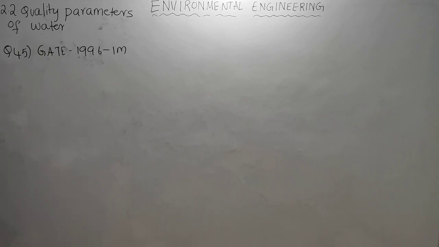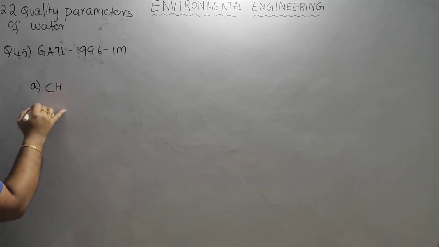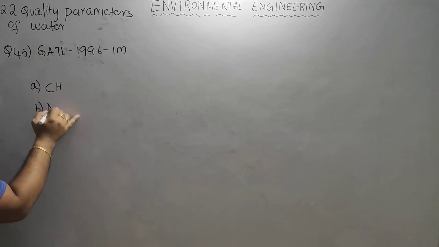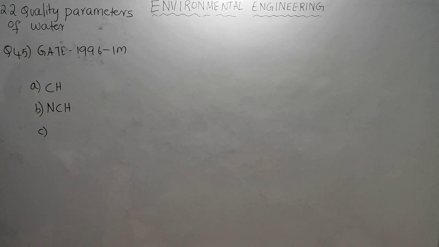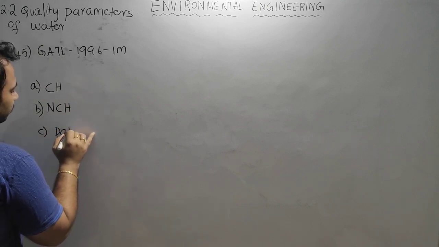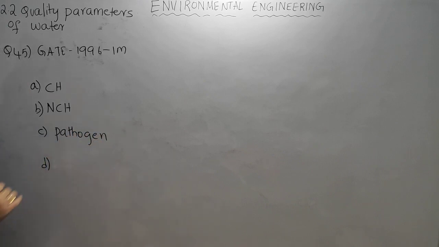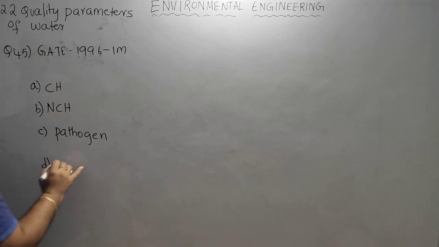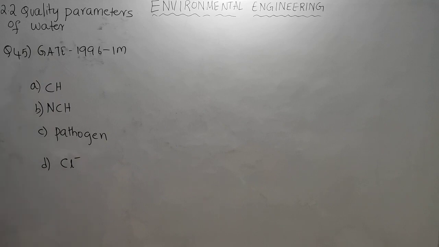So there are 4 options given. One is carbonate hardness, and B is non-carbonate hardness, and C is coliform group of organisms, that is pathogens, and D is chlorides. Among these 4, which one is more important water quality parameter?